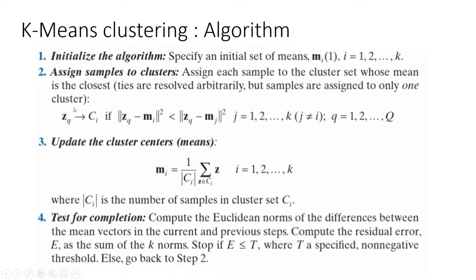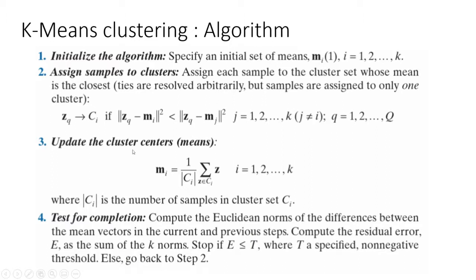Assigning a sample to a cluster means we're going to label each one of these pixels into one of the classes. Classes is not a very good name. You can use classes for k-means, but in terms of segmentation, you can see these classes as distinct regions into which we want to segment.